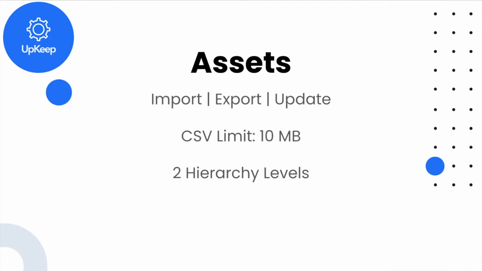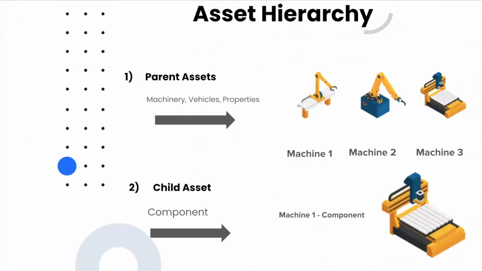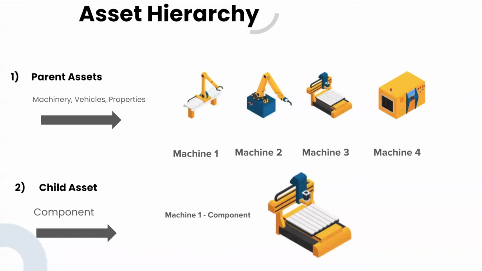We also have 2 levels of asset hierarchy. This includes our parent and child asset. Now on this page, here is a breakdown of the asset hierarchy. As you can see, the child assets are components of the parent asset. So this means you may also be completing work on and maintaining those as well.